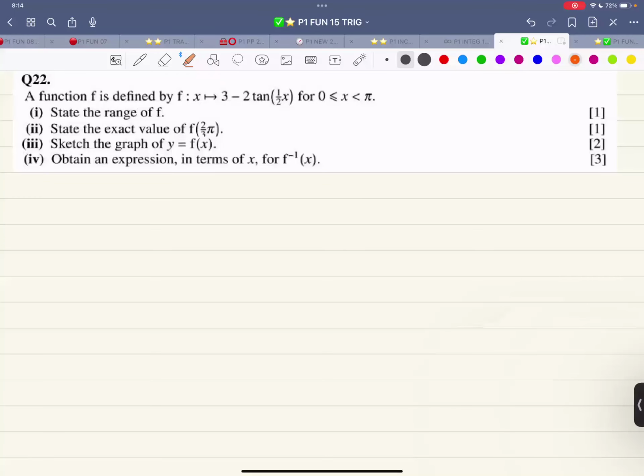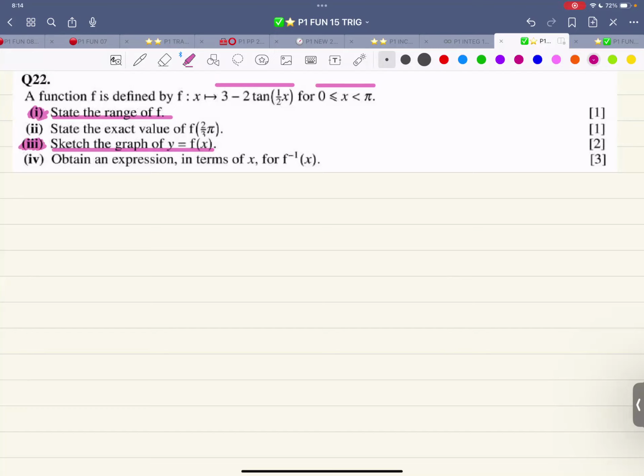Now, this question is about tangent. The question says, a function f is defined by f(x) = 3 minus 2 tangent half x, for x between 0 and pi. State the range of f, sketch the graph of y equals f(x). So these two parts are linked.